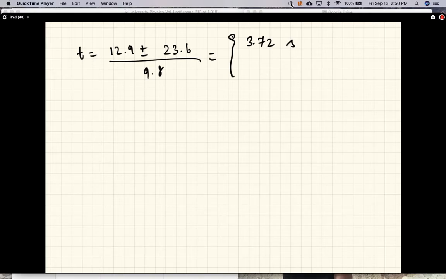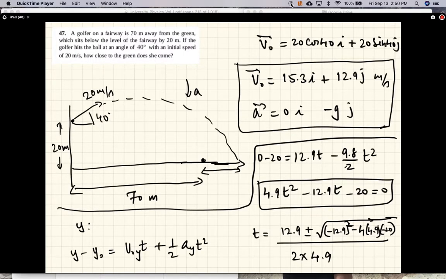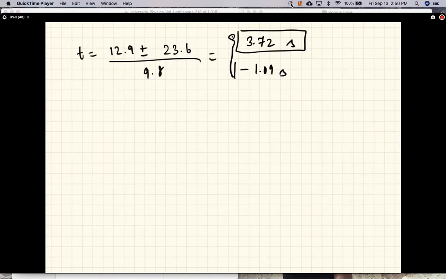and the negative solution is 12.9 minus 23.6 divided by 9.8, which is minus 1.09 seconds. So we want the positive solution. That's how long it was in the air after being hit.